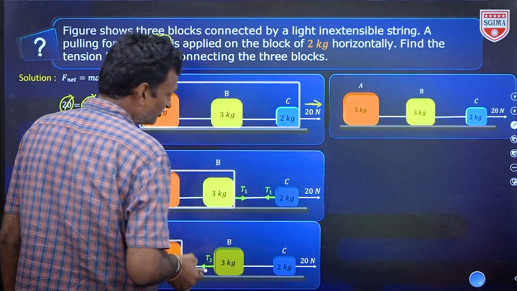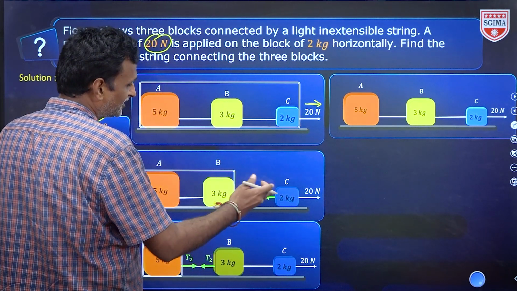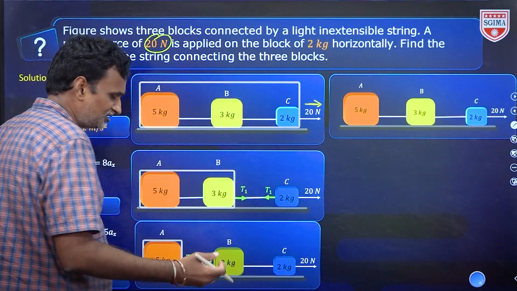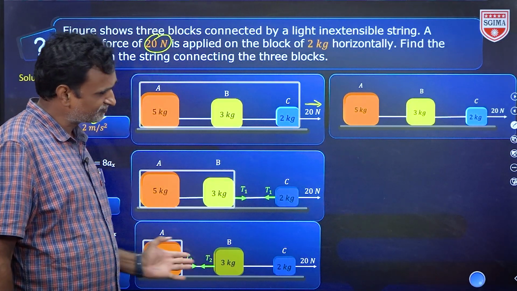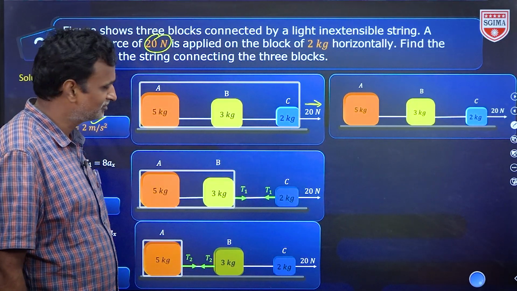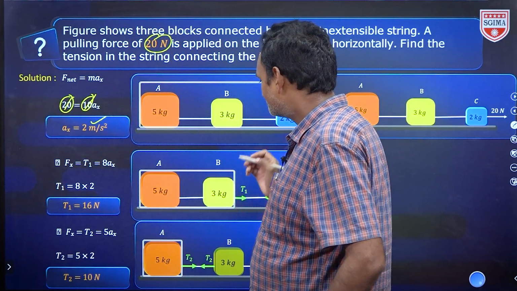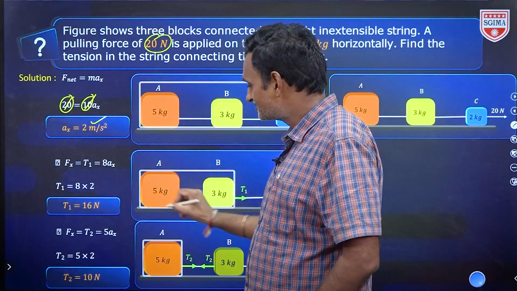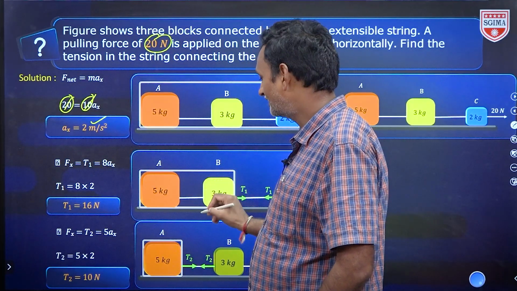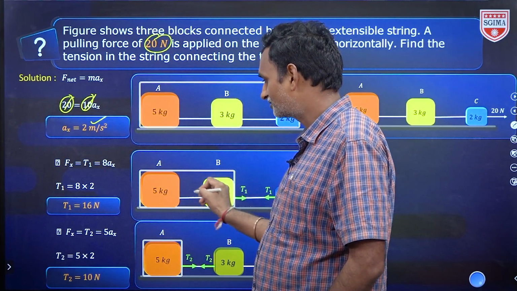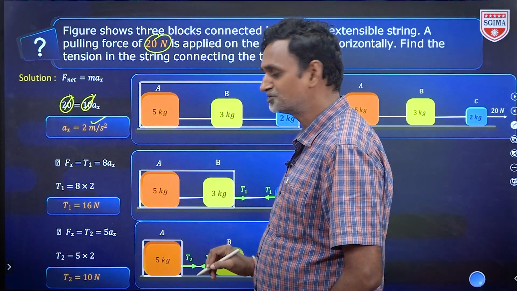Now for this case they want to solve here. They have started from the right side only, there is no issue. If you start from left side, it will become very easy actually. Here they took these 2 bodies as a system. Then we don't get any problem about this tension. That way also we can solve.